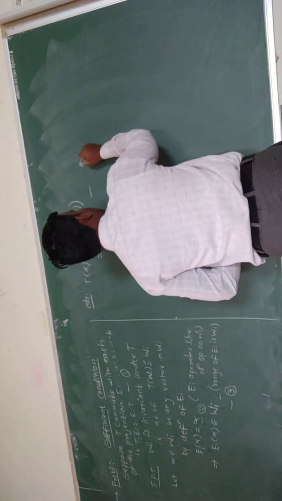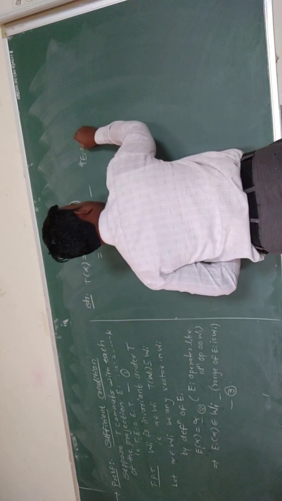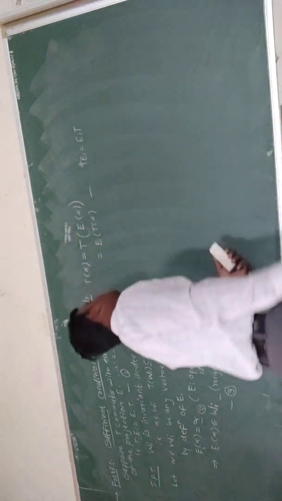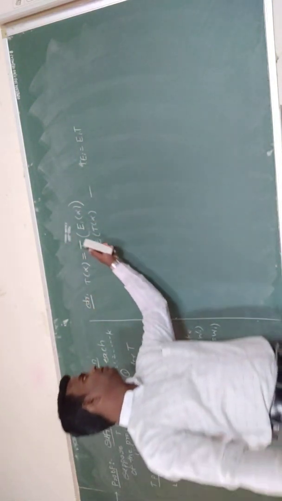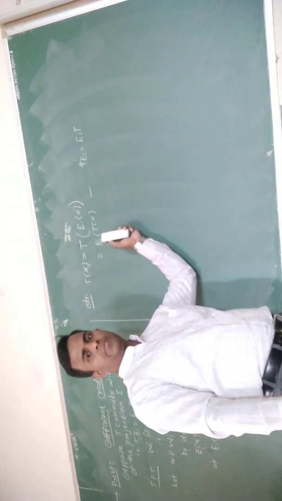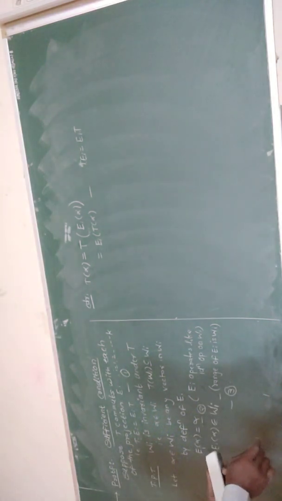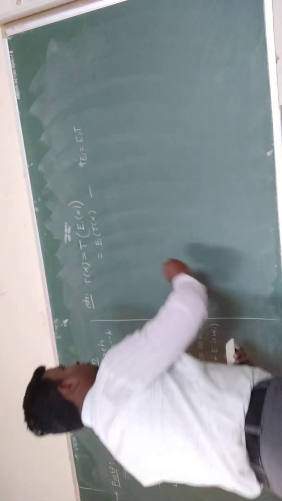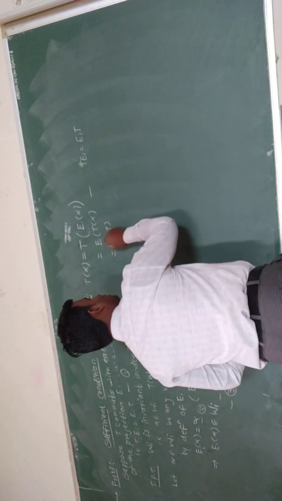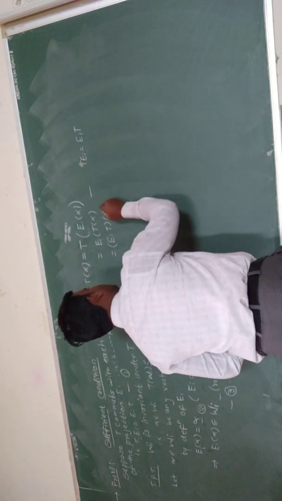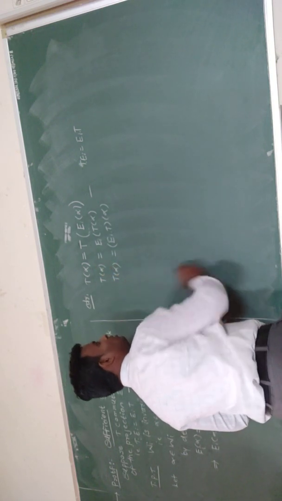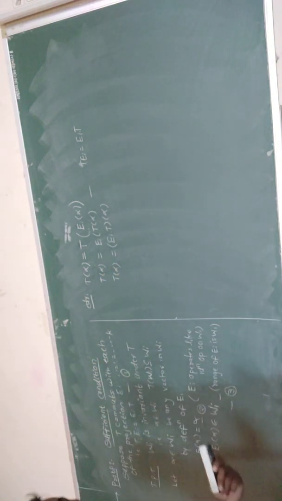Since T into E_i is equal to E_i into T by assumption, we can write T into E_i is equal to E_i into T, which is equal to E_i into T into T of alpha. So T of alpha is equal to E_i into T of alpha.